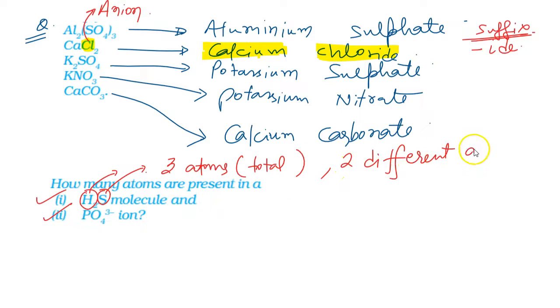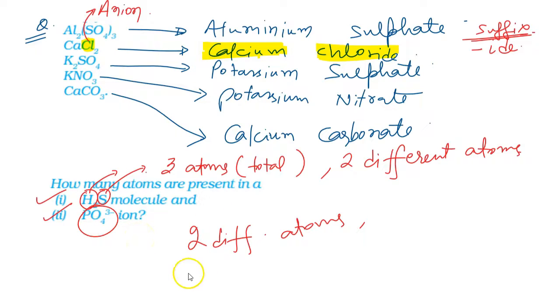Similarly we can see here 2 different atoms again, and a phosphate group is having 1 atom of phosphorus, and along with this 4 atoms of oxygen in combined state.